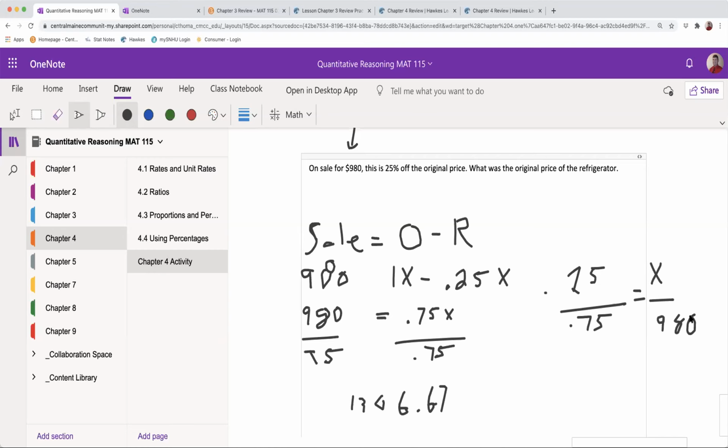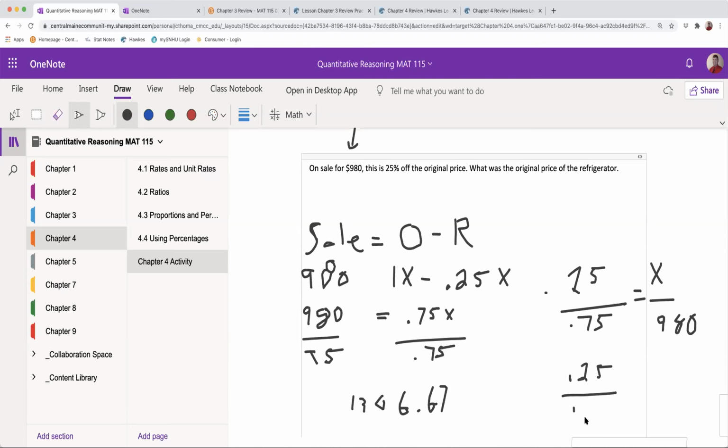Good job. So if you wanted to do a proportion, let's see if I could figure. So if we do 0.25, then let's see if we can set up a proportion if it makes sense as well.